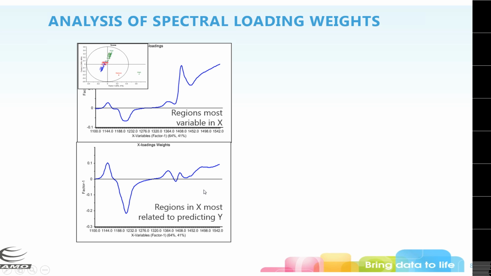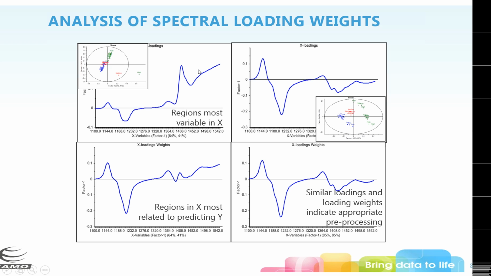If they look similar to each other, then that's telling you that you've done your pre-processing well. So here's where we remove those outlying samples, and now we see that factor 1, our variation in X, looks very similar to the variation in X that predicts Y. So that's just a way to kind of analyze your data.